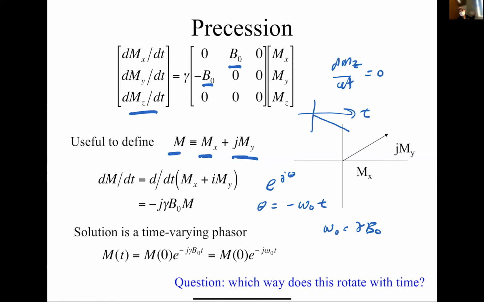So the rotation is going to go like that. The sign turns out to be important, because whether it goes one way or the other way is the difference between positive and negative frequencies. So if that is a negative, that means that rotation is always this way. The angle is becoming more negative with time. If it was positive, it would go the other way.